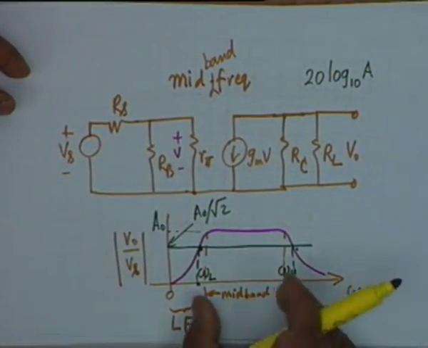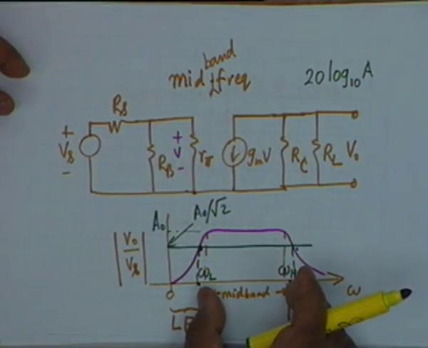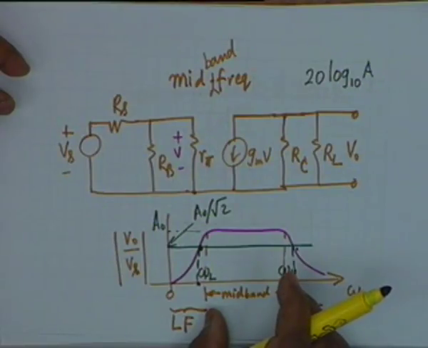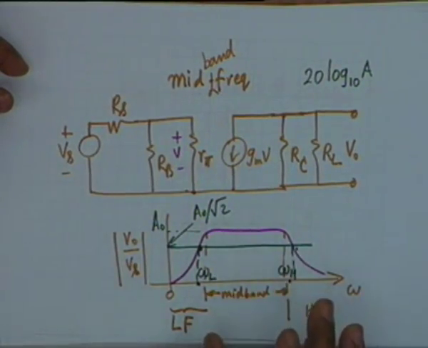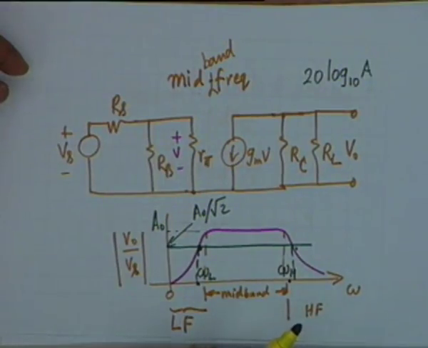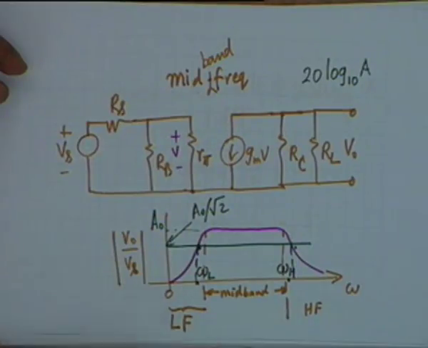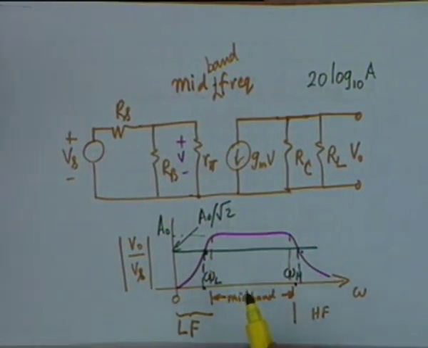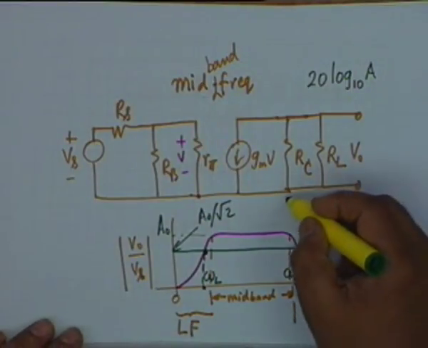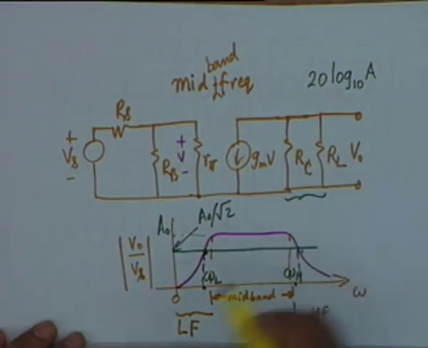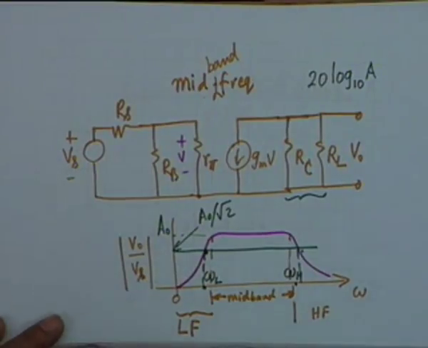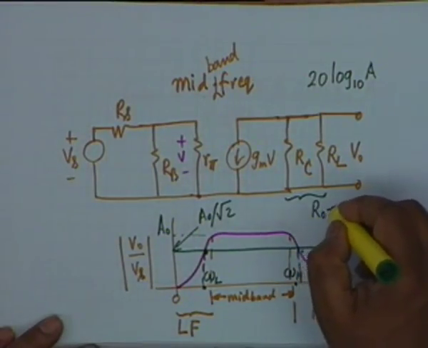Mid-band frequency range by definition is one in which the effect of all capacitances can be ignored. The coupling and bypass capacitances are shorts, and the internal capacitances C pi and C mu are open. All right, if that is the case, then this becomes the equivalent circuit, and we simplify the equivalent circuit by noting that RC and RL are in parallel, and we can replace this by R0.